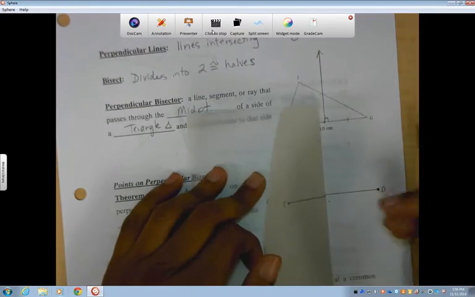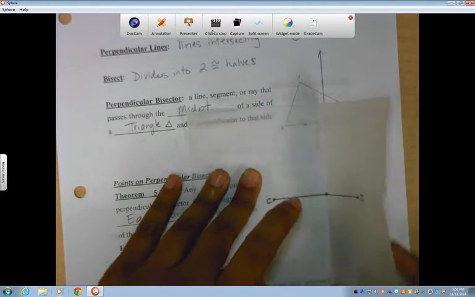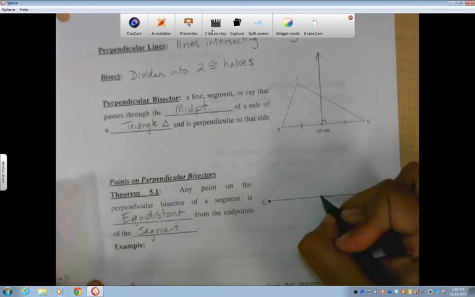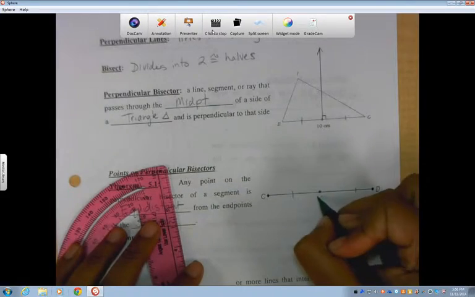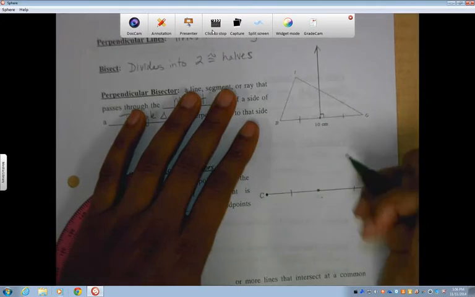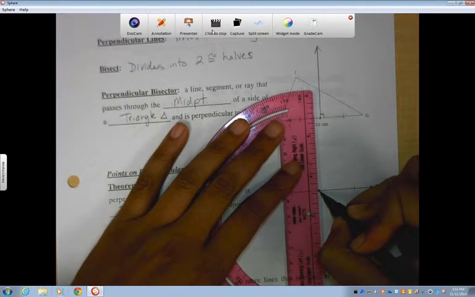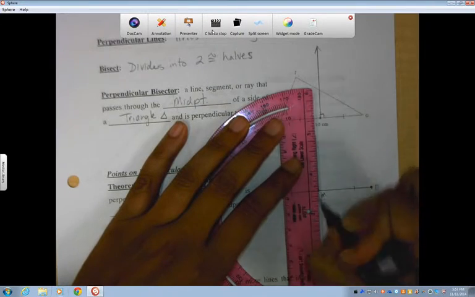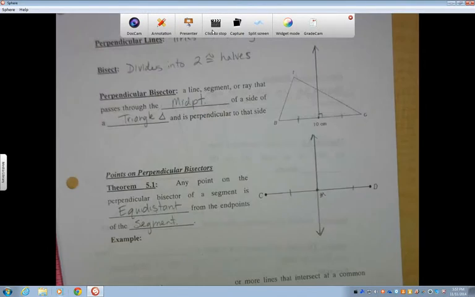So the midpoint looks like it is, sorry about this, as such. And I'm going to put my tick mark to signify it's the midpoint. I'm going to move this M over a little bit because I know what I'm doing here. I'm going to end up drawing a line going through that midpoint, and I want it to still be perpendicular, so I want it to be at a 90-degree angle. And I'm doing this to show you the relationship.